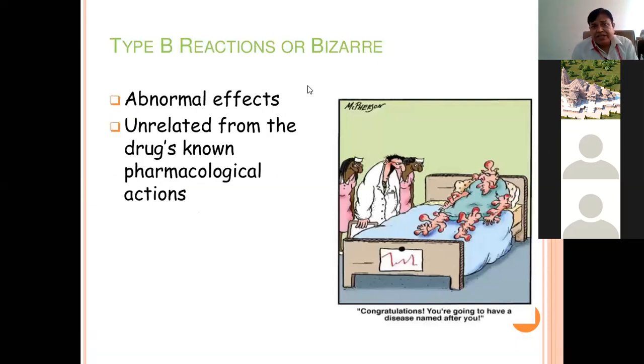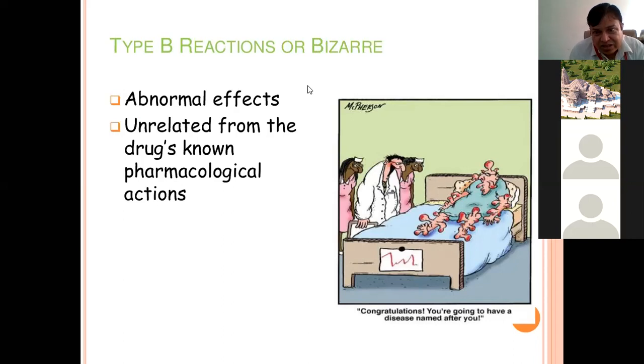Now, type B reaction, that is bizarre. I told you here you are getting unpredictable responses. In first type A, you are getting the responses, predictable responses, that is related with pharmacological activity of drug.